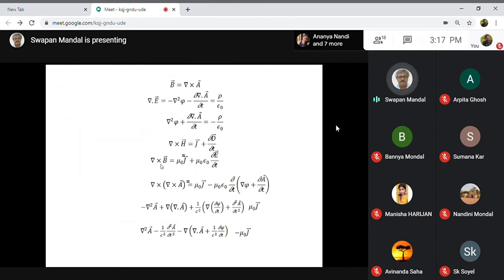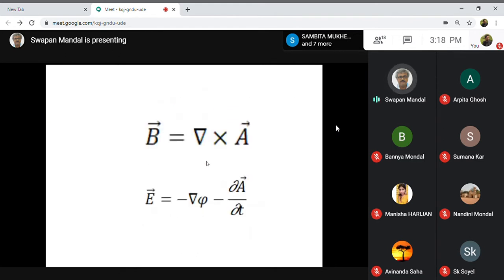So curl of B equal to this. Now we know B equal to curl of A again. So you put it here, curl of A. So the curl of A equal to mu 0 j minus mu 0 epsilon 0. Instead of E, I have put E equal to minus gradient of phi minus del A del T.